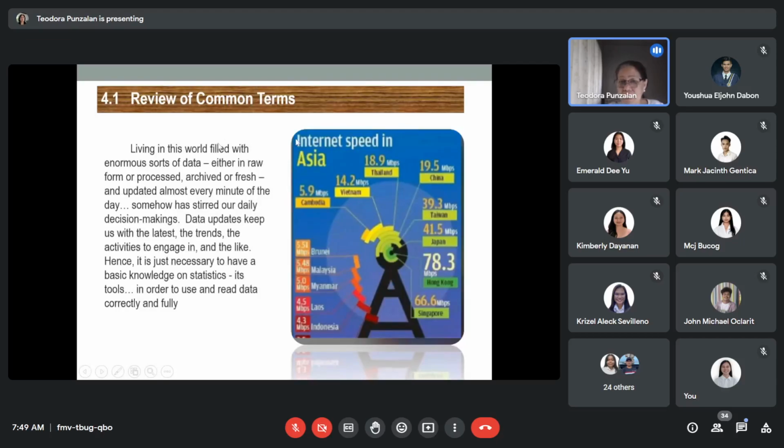On this slide, on this page rather, you see a discussion on the internet speed in Asia. Okay, this is a pictograph class. So if you can manage to present information using pictures, it's highly appreciated.